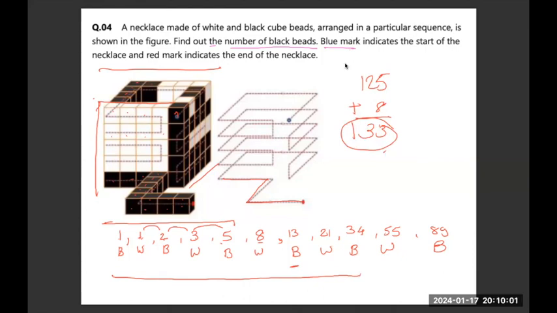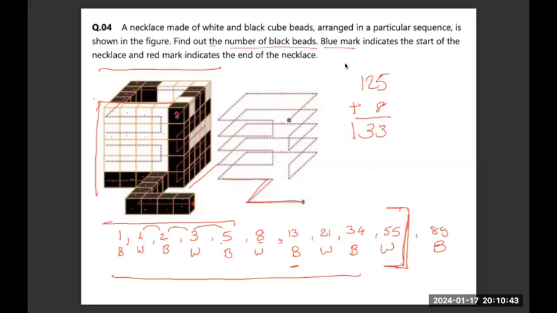Okay. So up till 55, the total that I got was way more than 133.